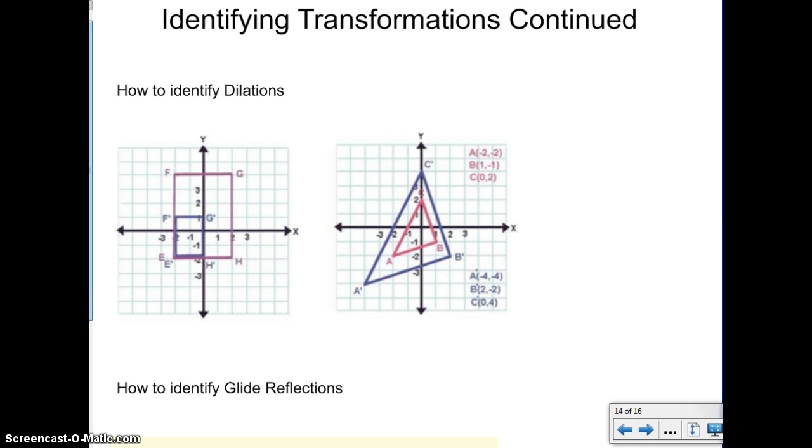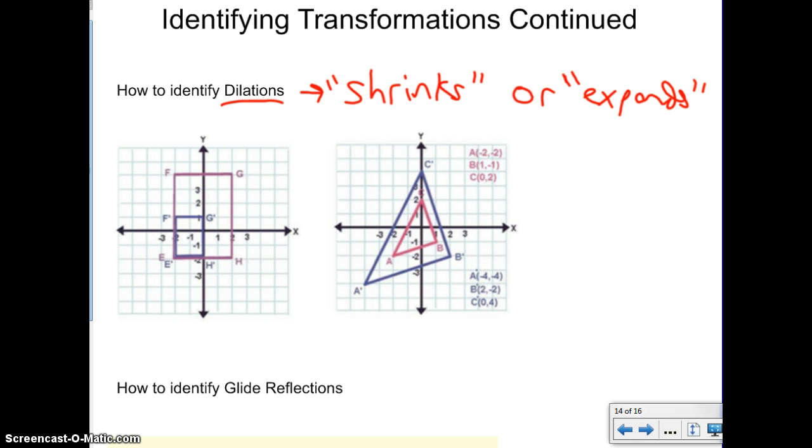Dilations, which I think is another one that most of you understand. Remember, dilation, think change in size, so it shrinks or it expands, right? And with a dilation, it's multiplying.